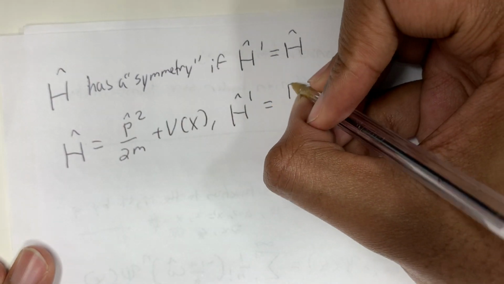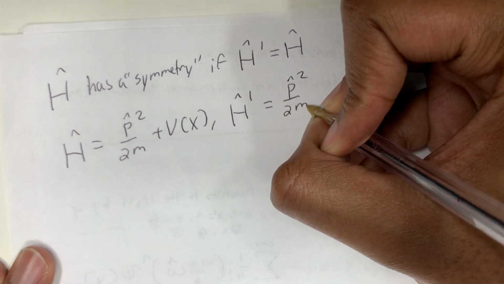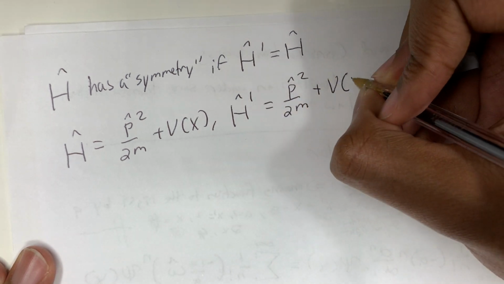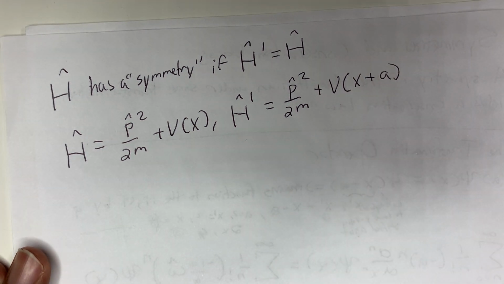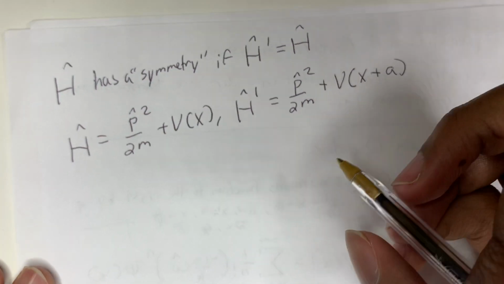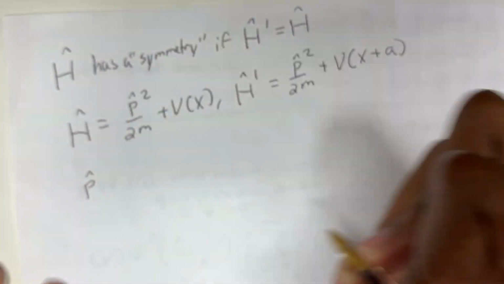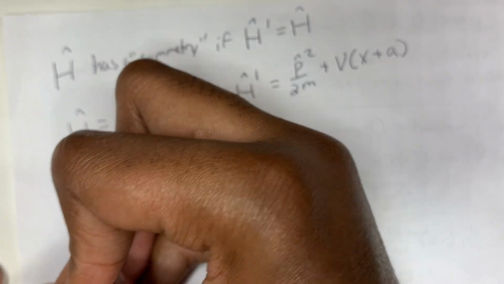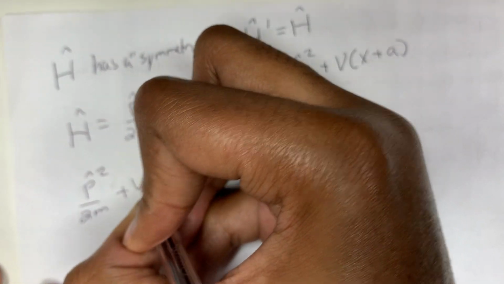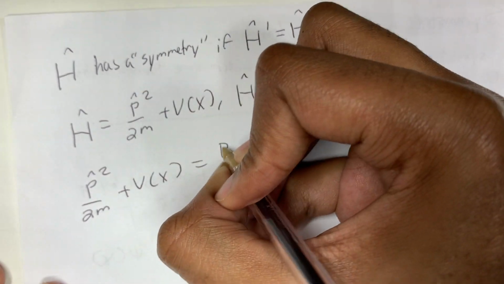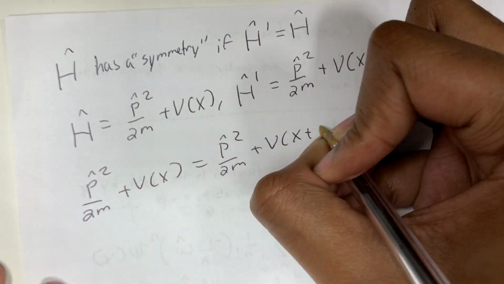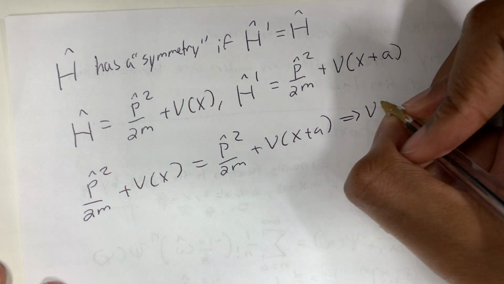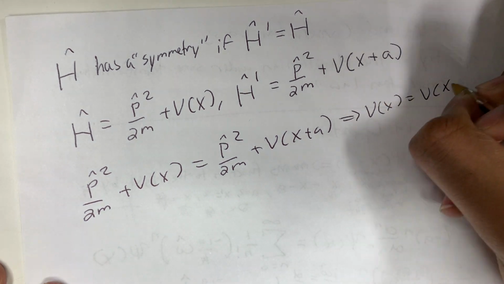So this is p hat squared over 2m plus v of x plus a. Okay. So if it's symmetrical, it means that this equals this, right? So it means that p hat squared over 2m plus v of x equals p hat squared over 2m plus v of x plus a, trivially implying that v of x equals v of x plus a.